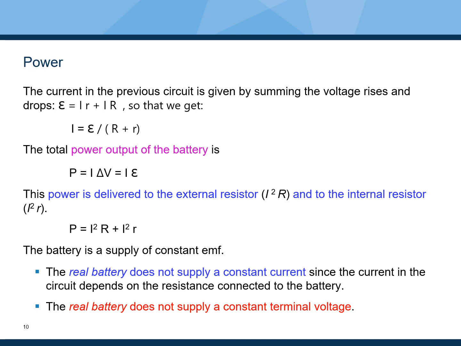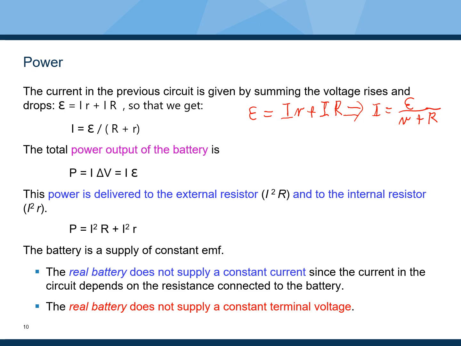So we realize that we had E, the voltage change as charge flowed through the battery, being equal to I times little r, the voltage drop as you pass through the internal resistance, plus I times big R, the voltage drop as the charge passed through the external resistance. And that allows us to obtain the current in the circuit. So I is just equal to E divided by little r plus big R. Okay? We're referring, of course, to the circuit that you saw two transparencies ago.